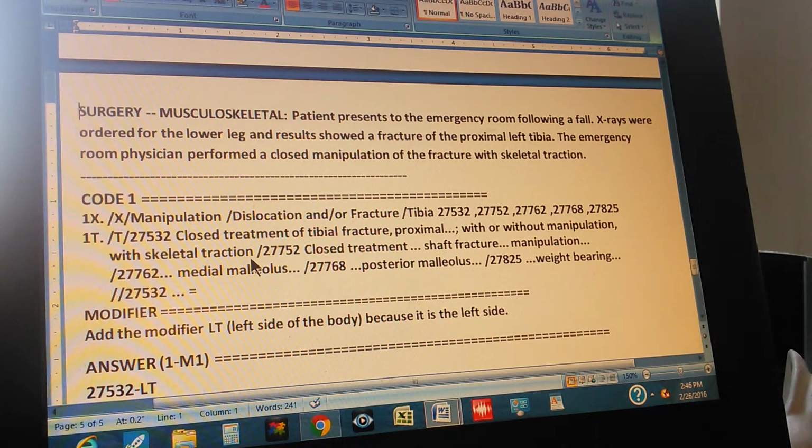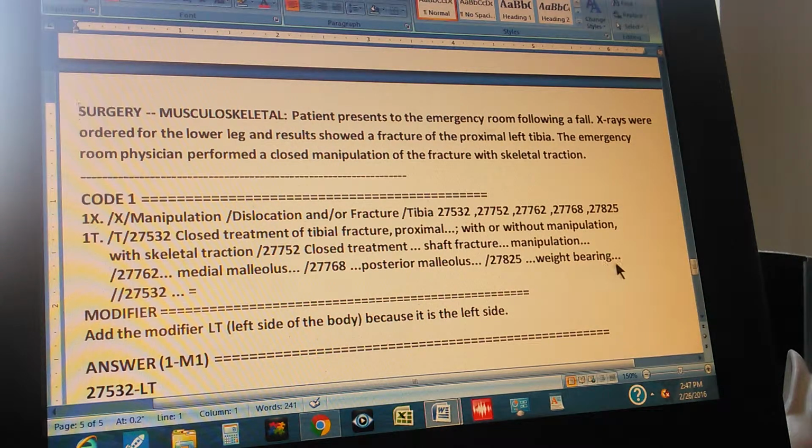Now the second one, 27752: closed treatment of shaft fracture, with manipulation. Next, 27762, medial malleolus. Then the next one, 27768, posterior malleolus.